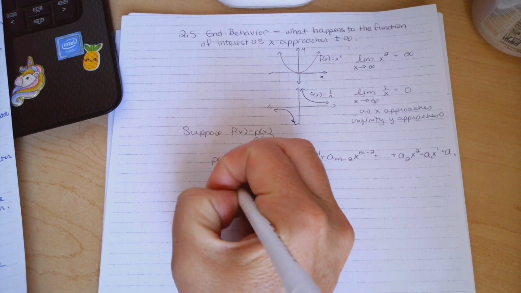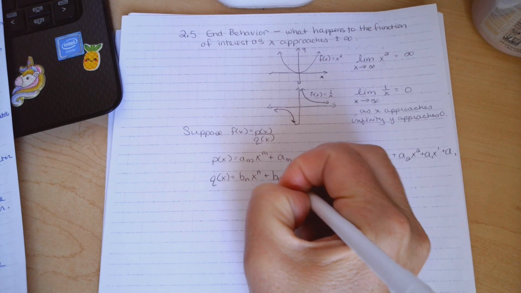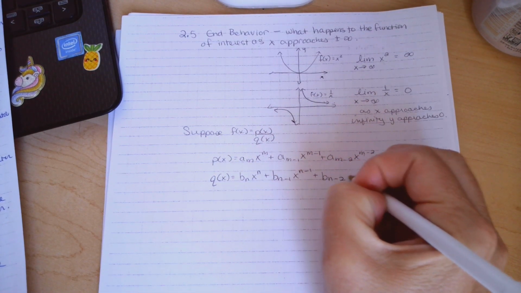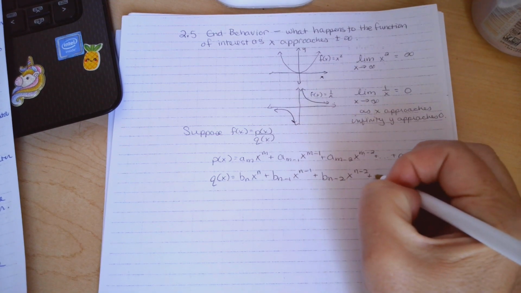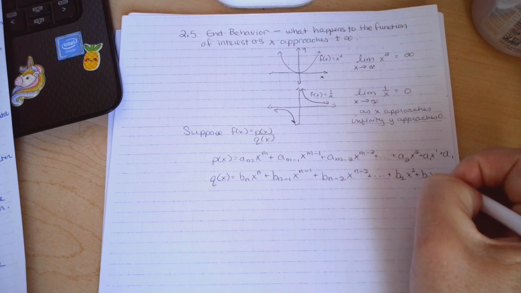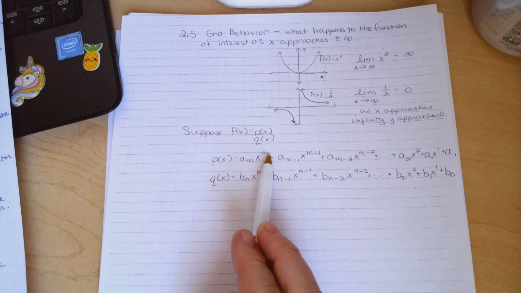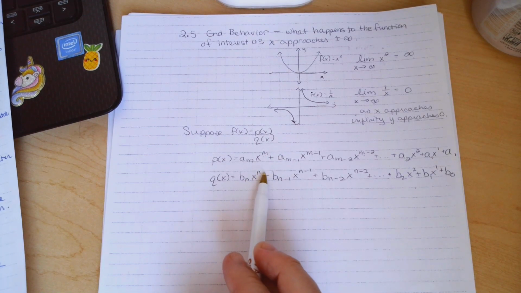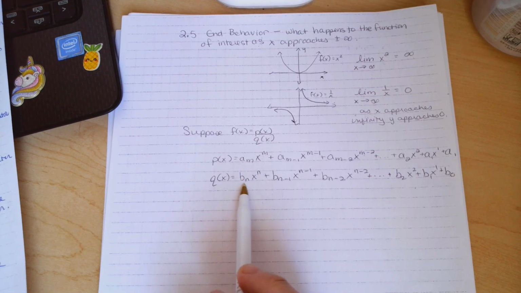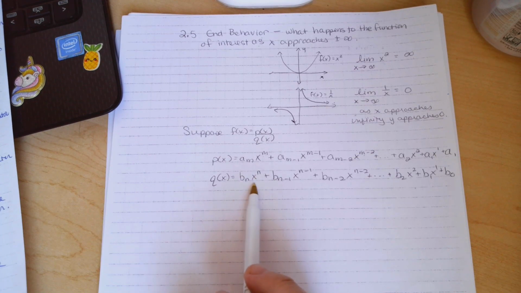Likewise, with your q of x, we are just changing the notation to differentiate between the two. And so here the leading coefficient is a to the m, the leading coefficient is b to the m, the leading term has power m, the leading term here has power n.